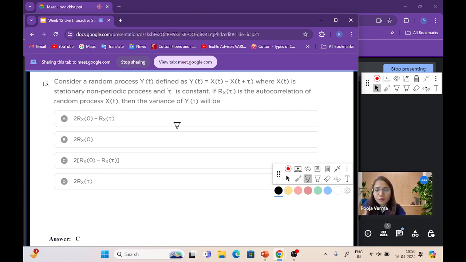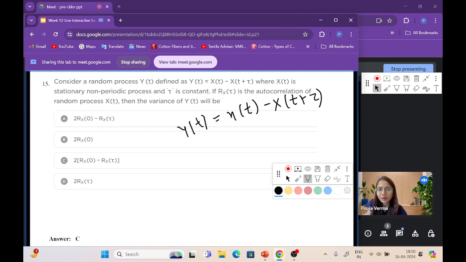So here y of t is given as x of t minus x of t plus tau, and also it is given that x of t is a stationary non-periodic process and tau is the constant, and Rx of tau is the autocorrelation of x of t.